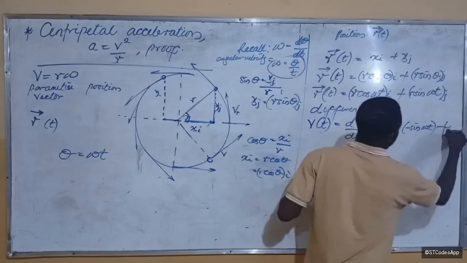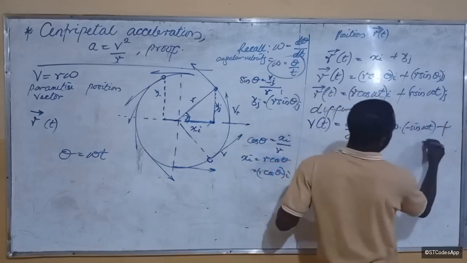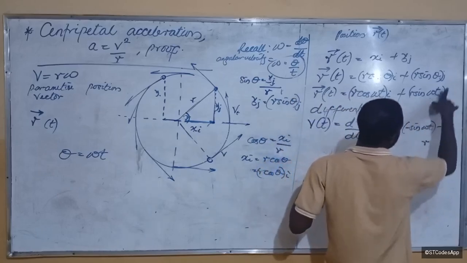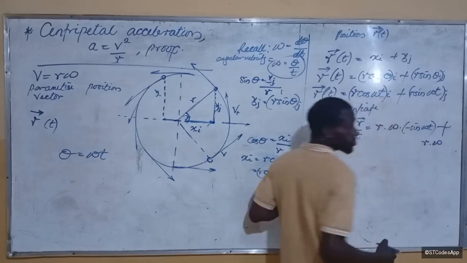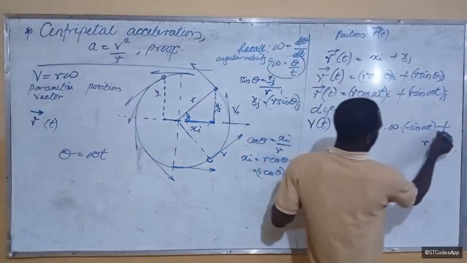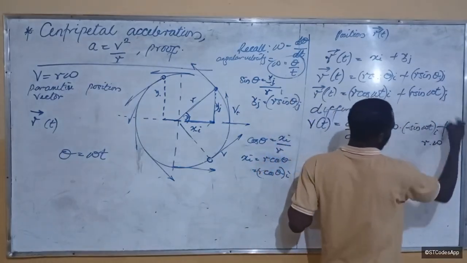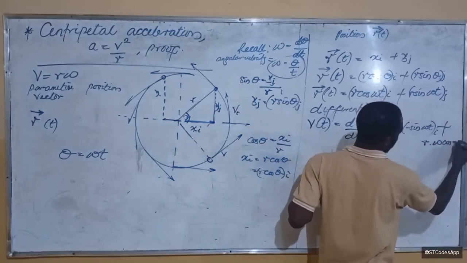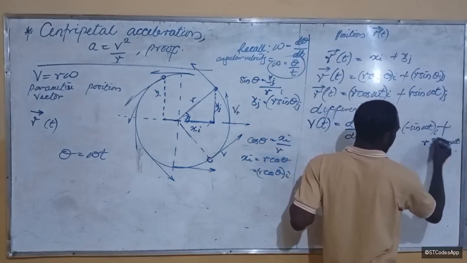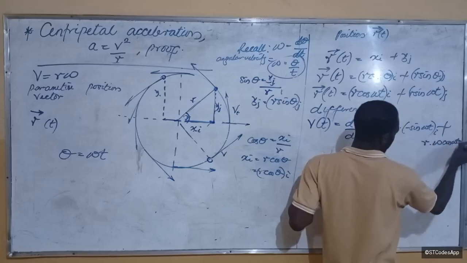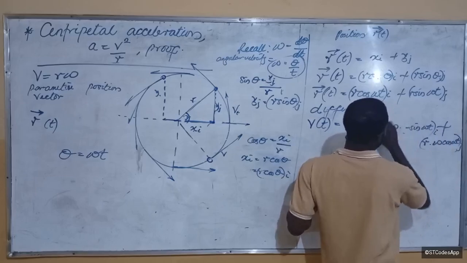So plus, differentiate this, you have r again, differentiate the inner function gives omega again. Put your i back. Then differentiating sine gives you cos omega t, that same thing, with j.